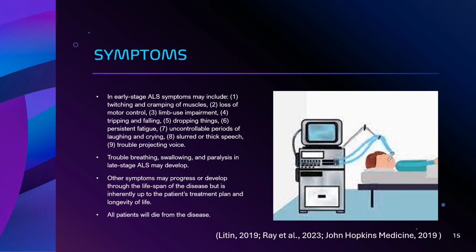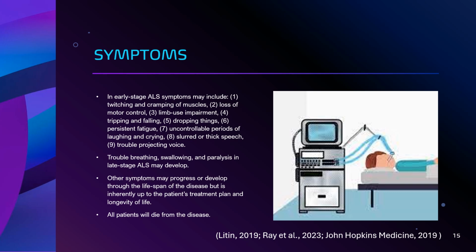And that's really, like we've said before, because your muscles are weakening and you're not able to control that motor control anymore. In some later stages, you can get trouble breathing, swallowing, and paralysis.